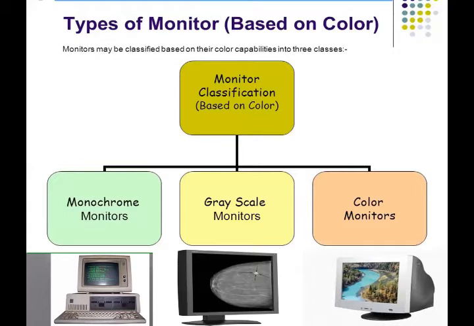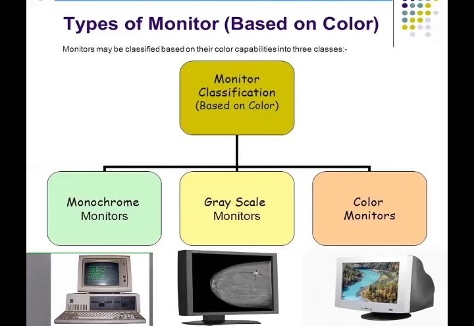The screen size is measured in diagonal inches, the distance from one corner to the opposite corner diagonally. There are the following types: small, full page, portrait, landscape. A typical size for a small monitor is 14 inches.